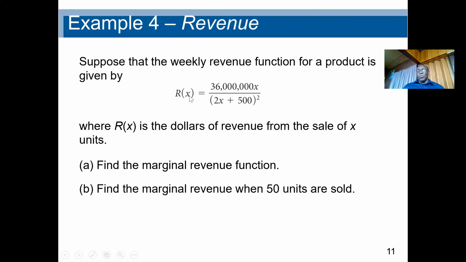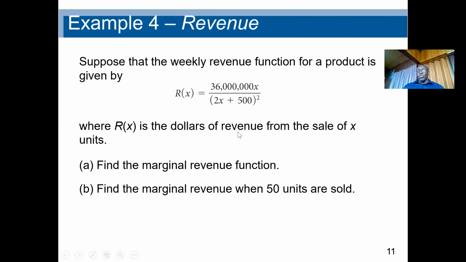So x is the number of products as units. Here they say find the marginal revenue function. The marginal revenue function means we have to find the derivative of the function. Then find the marginal revenue when 50 units are sold. So after we find the marginal revenue function, we substitute x for 50 and we will know the actual marginal revenue.